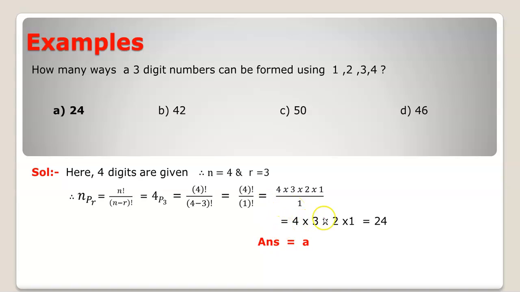That equals 24, and option A is the correct answer. So 24 three-digit numbers can be formed using the 4 digits.